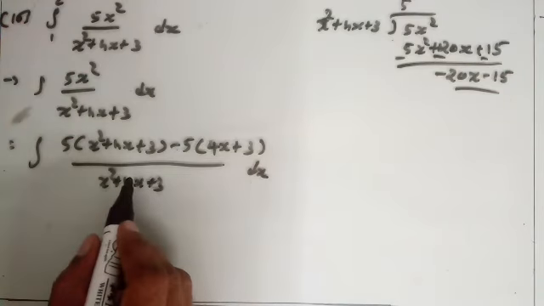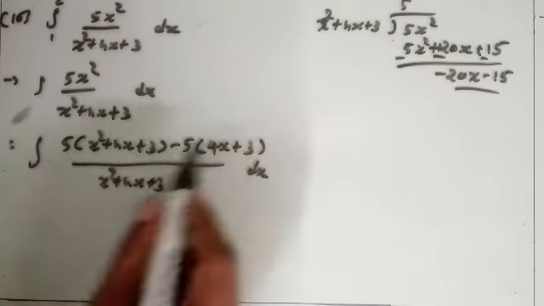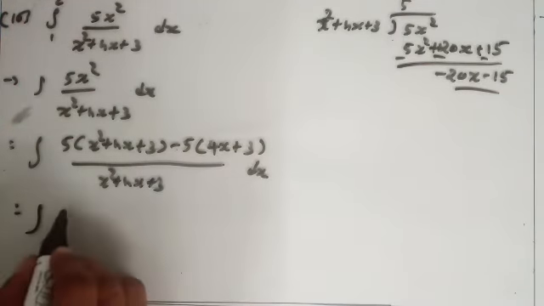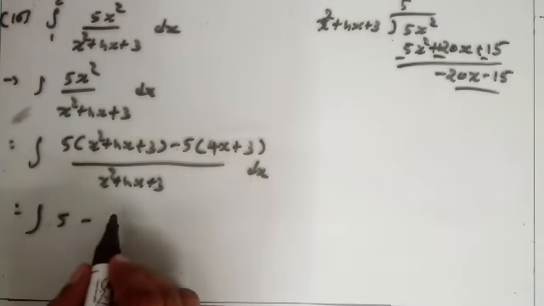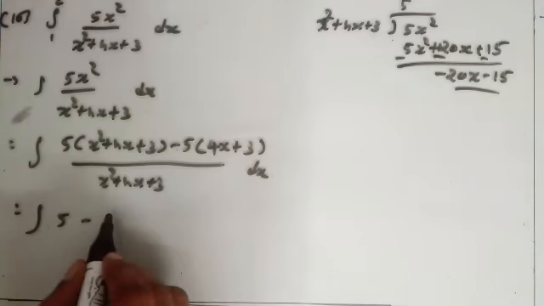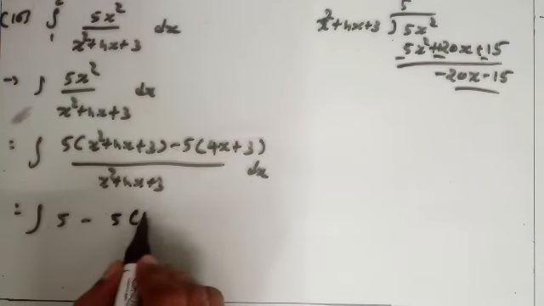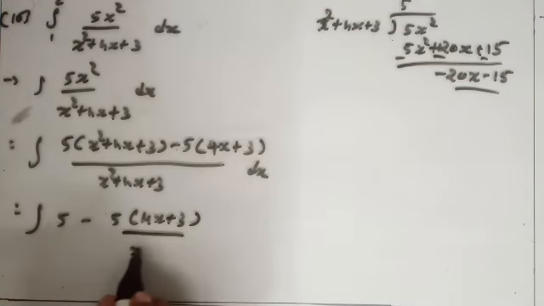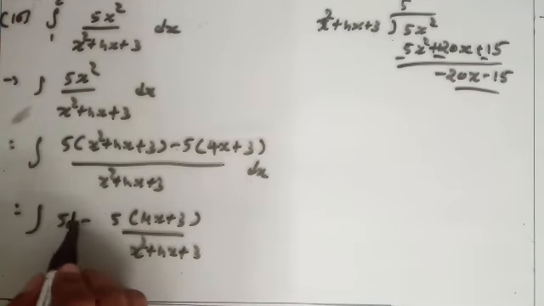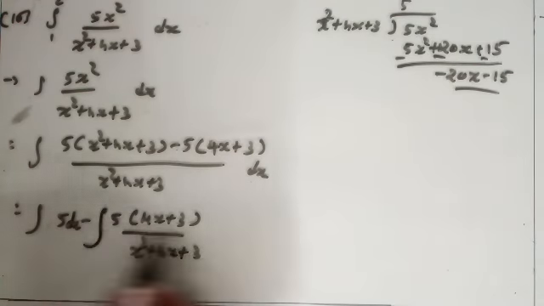Now dividing both terms by x square plus 4x plus 3, we get pi minus pi into 4x plus 3 upon x square plus 4x plus 3, and apply integration dx.